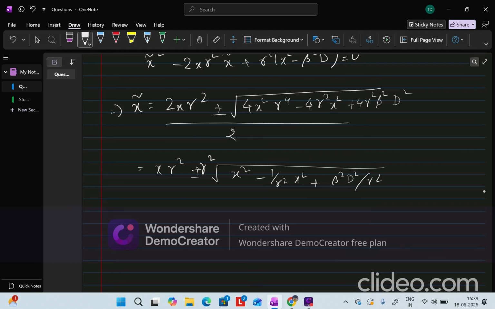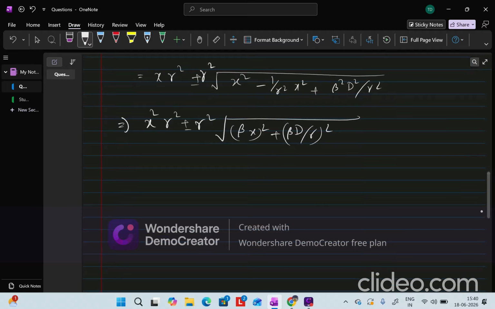So we know that 1 − 1/γ² is 1 − β². Hence further simplifying, we'll get xγ² plus or minus γ² times the square root of (βx)² plus (βd/γ)². Now just a little more simplification. The final answer you get to be, sorry, my apologies.